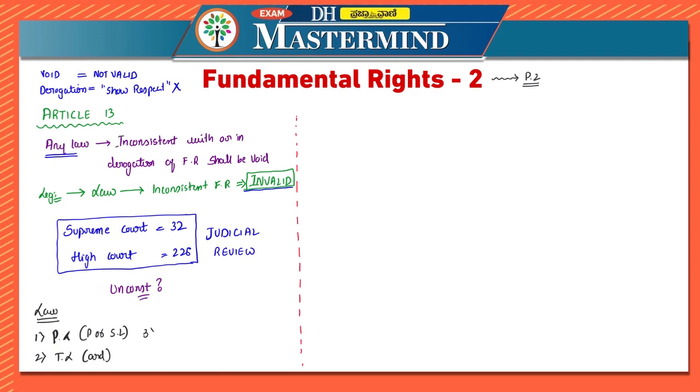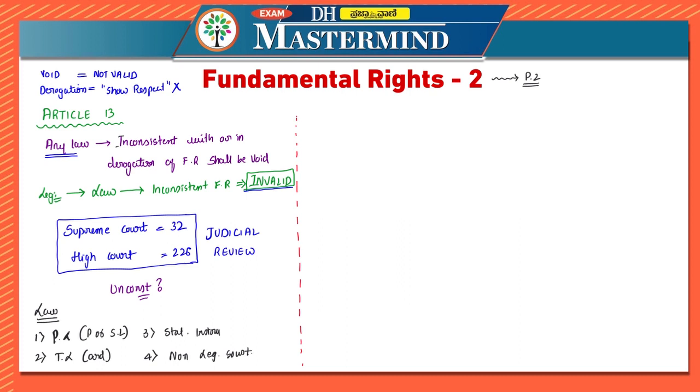In case there is a law by statutory instruments, in their order, they might be saying bylaw, rule, regulation, notification, etc. Fourth one, in case of non-legislative source of law also, that is custom or usage having the force of law.